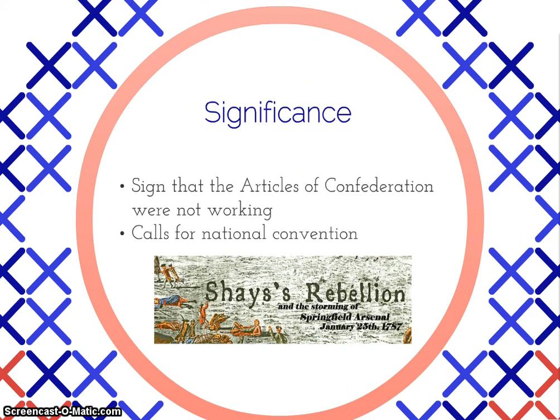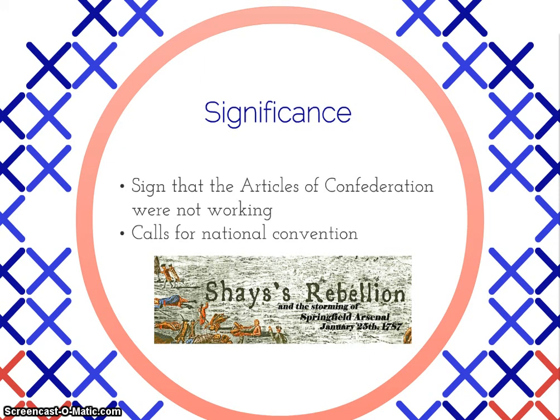This event is extremely significant because it, again, shows the country the weaknesses of the Articles of Confederation. It shows that the national government behind the Articles of Confederation doesn't really have much power. It's not quick to react. There's nothing there that in times of emergency or even just basic needs of the country that it can respond to adequately.